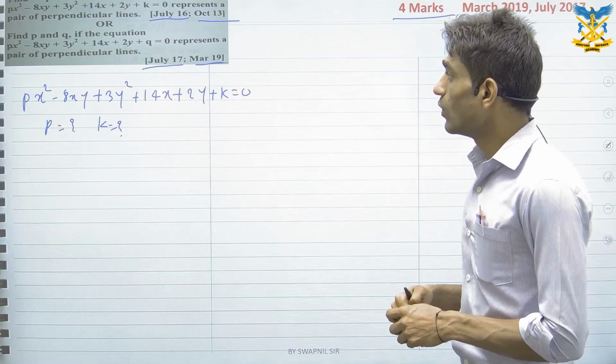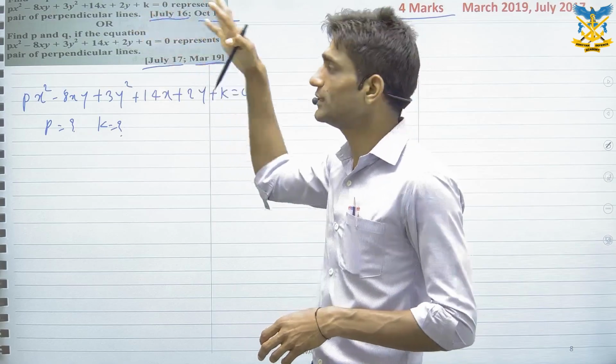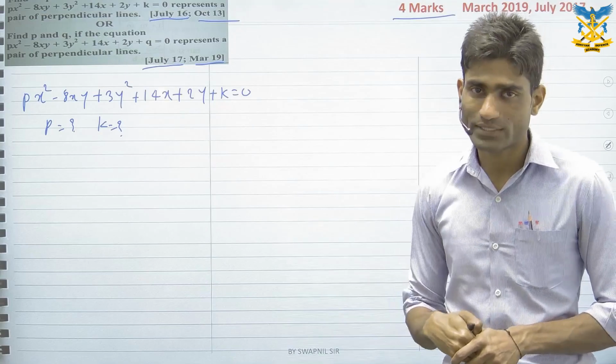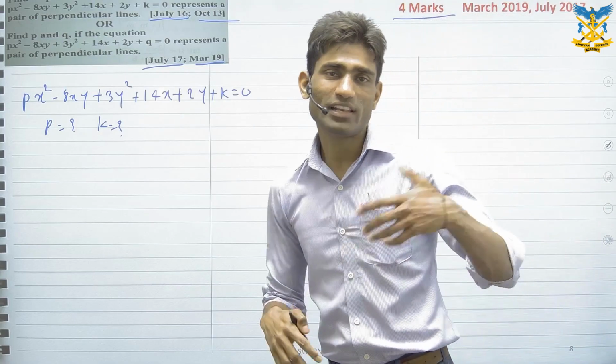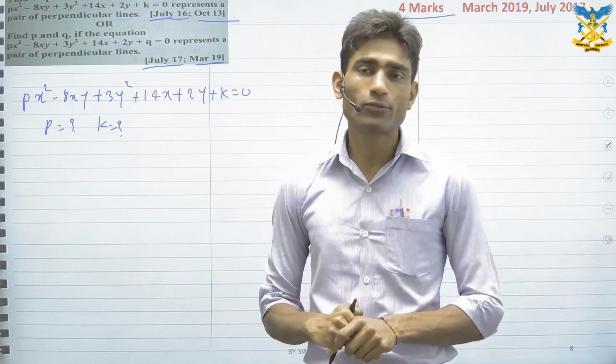First of all, put these values in the general form of the standard equation and find the values for a, b, g, h and f, as we did earlier in our previous example. Similarly we have to follow it here.